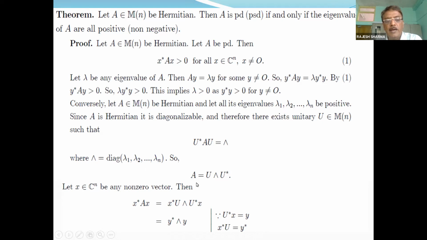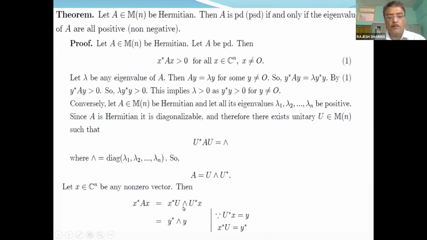Now take x to be any non-zero vector. Then x star Ax comes out to be x star U lambda U star x. Now put U star x equal to y. Taking the conjugate transpose of both sides, we get x star U equal to y star.